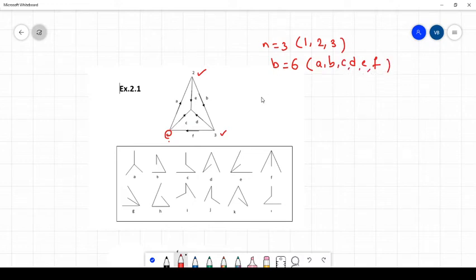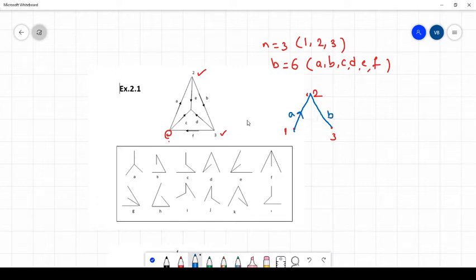What is the rule to draw the tree? In order to draw the tree, first you have to put the nodes, whatever the places are, like this. Here is the first node, second node, third node. Now you have to draw the tree with a minimum number of branches. I am connecting node 1 with node 2, as well as node 2 with node 3, by joining the A branch and the B branch.